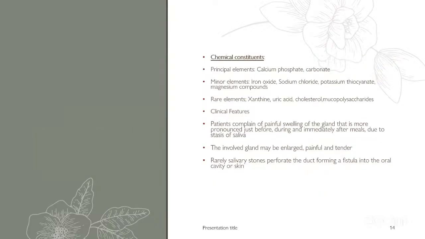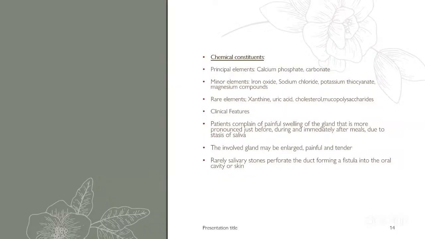These are the important chemical constituents, which include calcium phosphate, carbonate, sodium chloride, and other rare elements like xanthine, uric acid, etc. The most important clinical finding in sialolithiasis is the patient's complaint of painful swelling of the gland, which is more pronounced just before, during, or after meals.